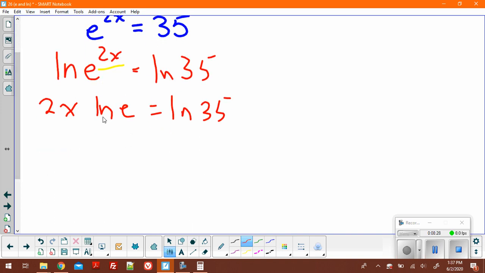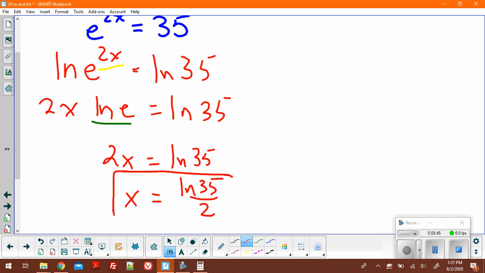One of the nice things about this is, because I've used ln, as we just saw on the last slide, ln of e is equal to 1. So this just becomes 2x equals ln of 35. That means x equals ln 35 divided by 2, and that is my exact answer. Again, you can run it through your calculator and get an approximation if you would like.